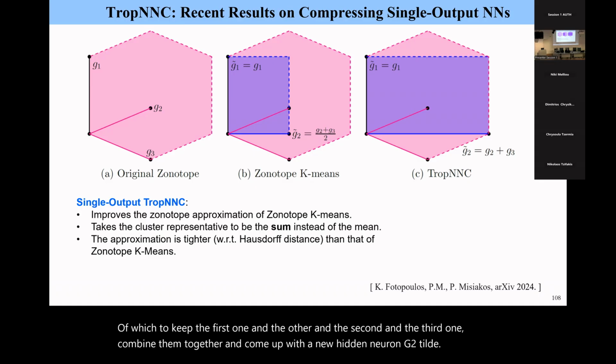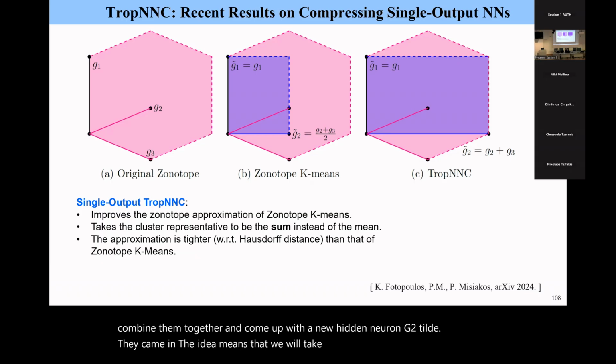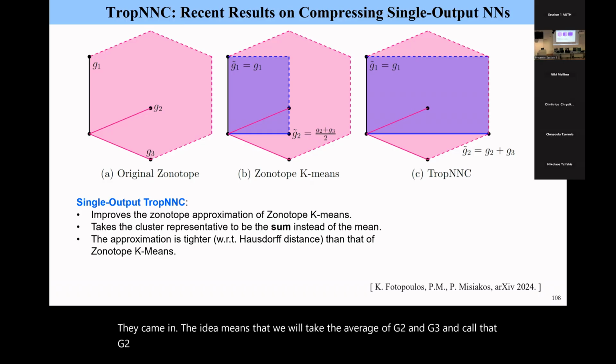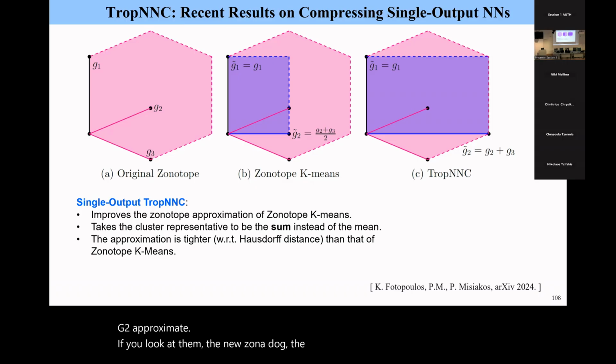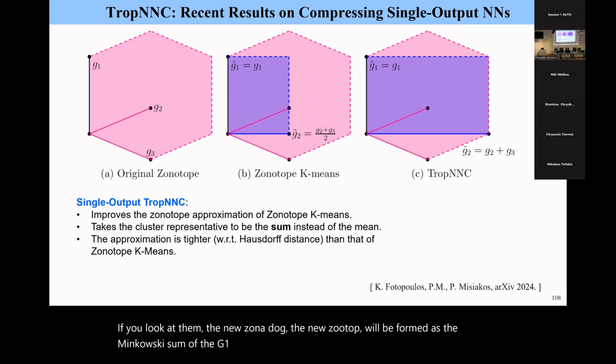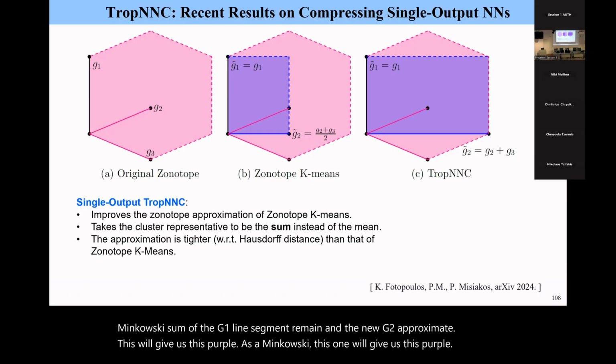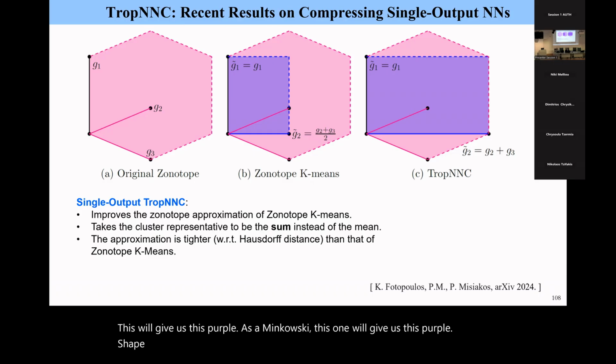Well, the k-means idea means that we will take the average of G2 and G3 and call that G2 approximate. If you look at the new zonotope, it will be formed as the Minkowski sum of the G1 line segment that remains and the new G2 approximate. This Minkowski addition will give us this purple shape, which is much smaller than the original octagon that you see here.